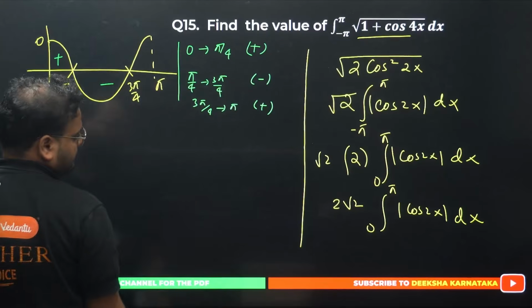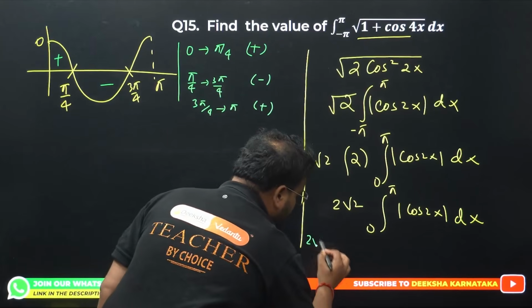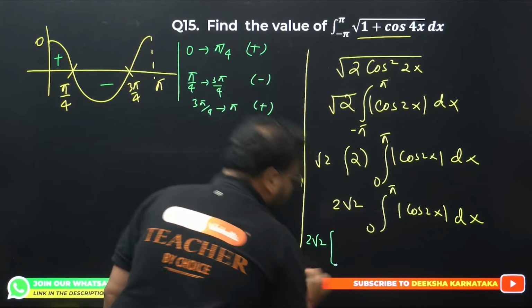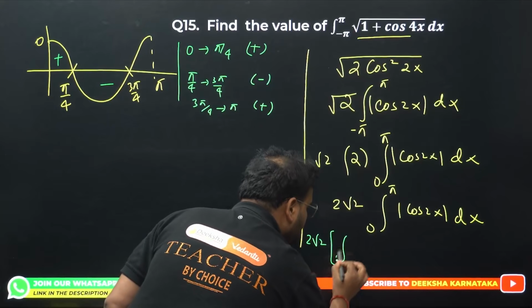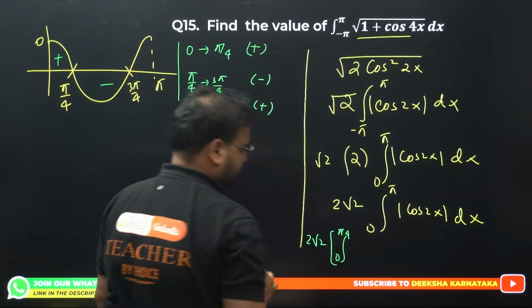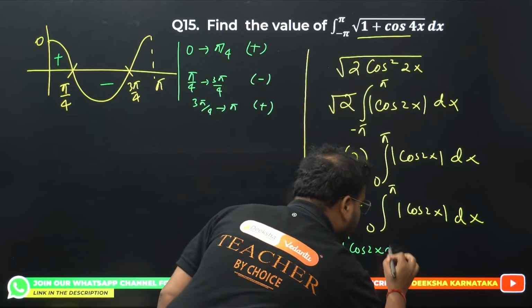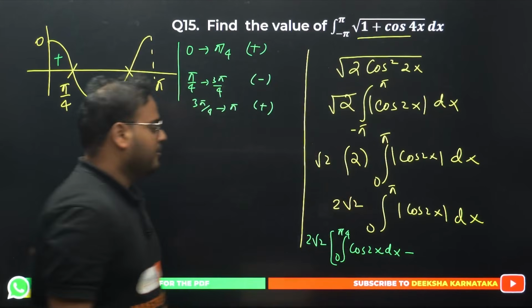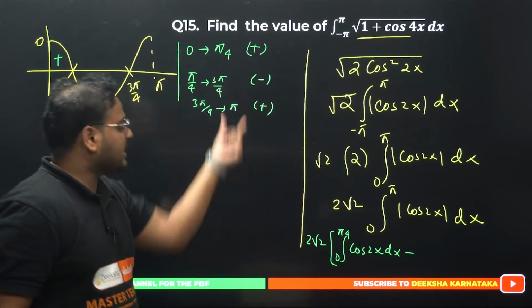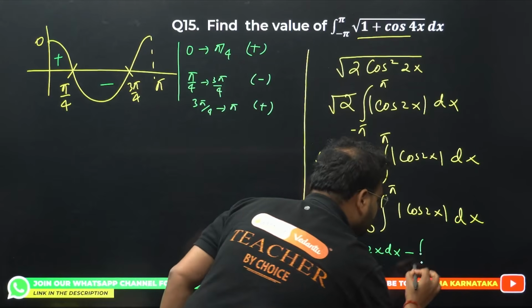Okay, now I can open the integration. Have a look. This will become what? 2 root 2 is a constant outside. Now check the magic. 0 to pi by 4 cos 2x dx. Minus sign will come. For the first part we had a plus sign. For the next part, minus sign. This is what?